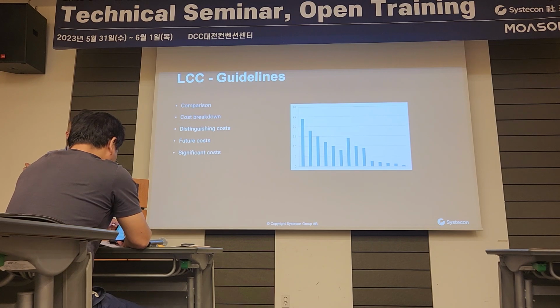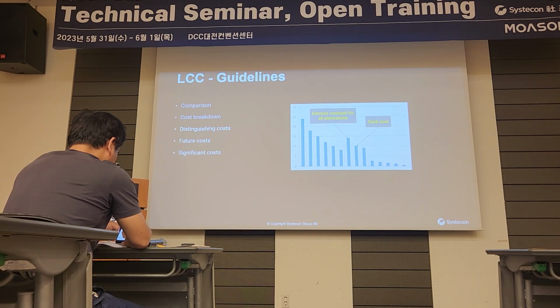Not all costs are relevant to use in an LCC evaluation and comparison. For example, you have some costs that are constant for each alternative. Regardless of what alternative you choose, it's the same cost. That is not going to make any distinction between the alternatives. Costs that you have already spent, that regardless of what your choice is now, is money that's already paid out.